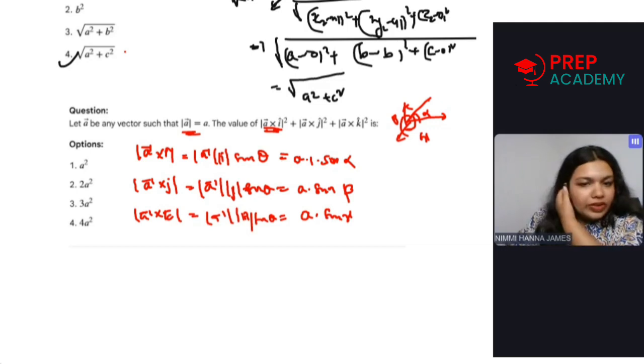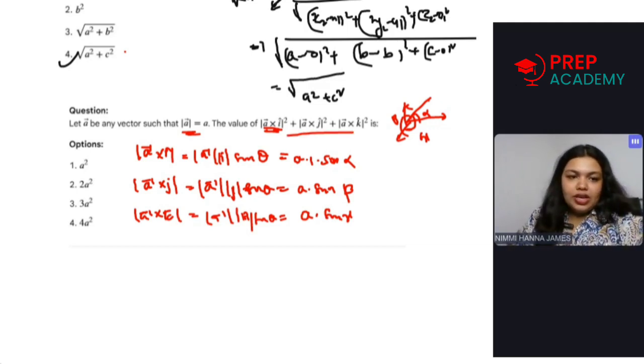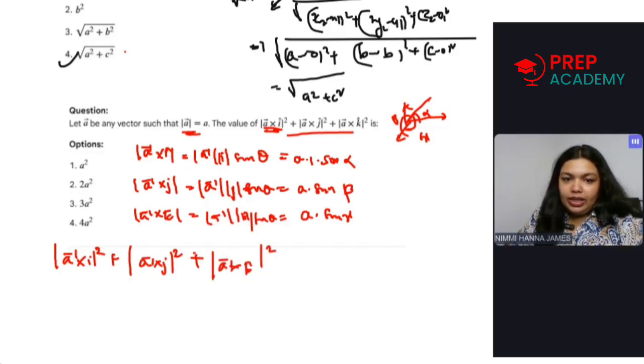Okay, now we will substitute in this equation. We want to find mod a cross i the whole squared plus mod a cross j the whole squared plus mod a cross k the whole squared. So mod a cross i is a sin alpha, so the whole squared is a sin alpha the whole squared, so a squared sin squared alpha, correct?